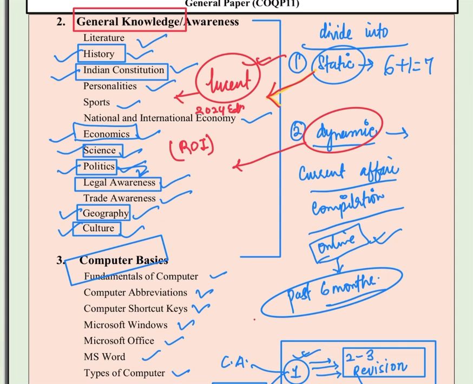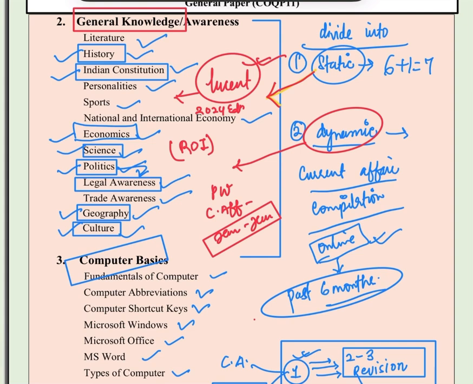The other day I was checking on Google and I found that PW Physics Wala has some current affairs compilation, but that was from January to June. Since your examination is in March, I checked that also.